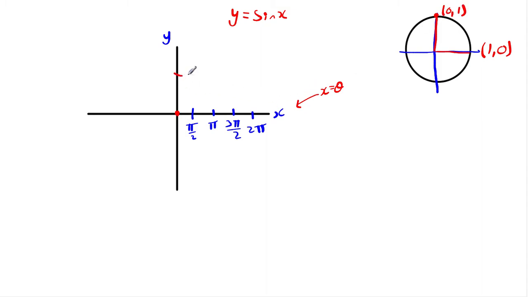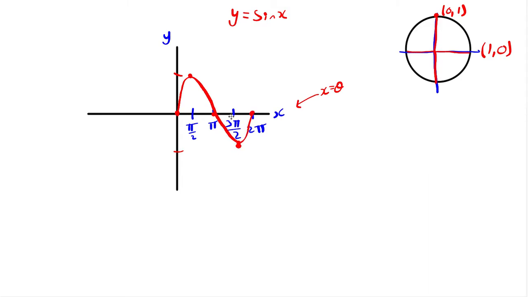The sine of pi, going straight over here, is 0. For 3 pi over 2, straight down, the sine of 3 pi over 2 is negative 1. And then the sine of 2 pi is 0. So this gives this.